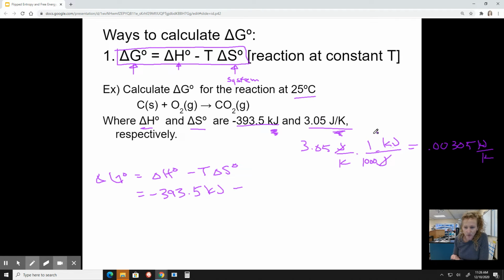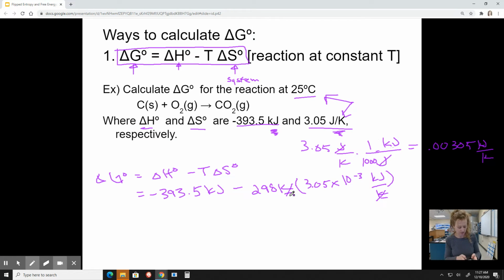All right, also notice that my units are in Kelvin here and Celsius here, so I'm going to have to change that. All right, so notice I have Kelvin here and Kelvin here. Those are going to reduce out. So let's see.